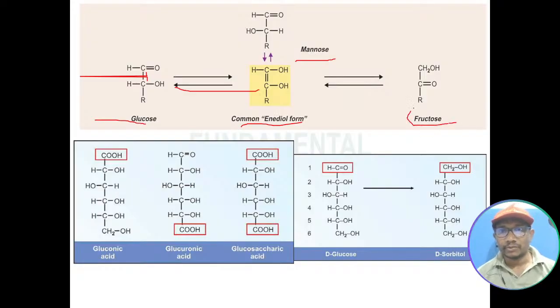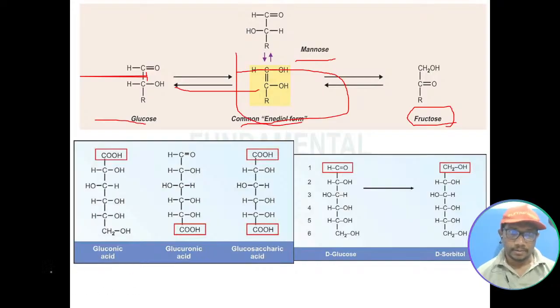So interconversion of fructose, mannose and glucose via formation of a common enediol is known as enolization.